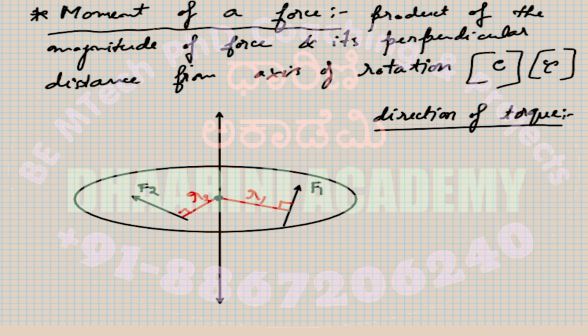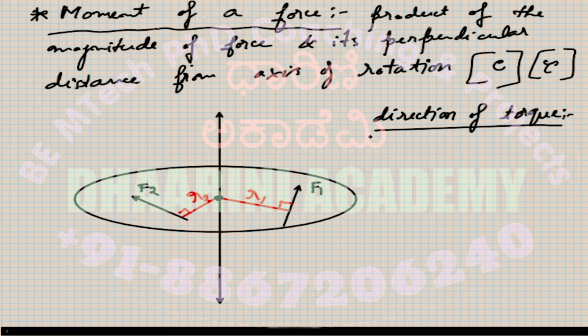And something which is clockwise is negative. So if something goes like this, that is positive, and if something goes in the opposite direction, it is negative. So positive and negative.